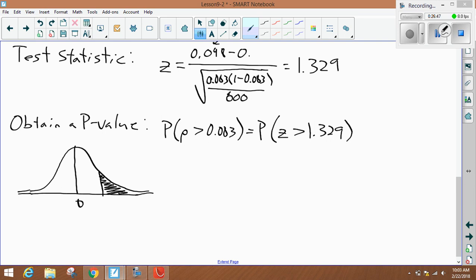So we're calculating this shaded region. It's just really nice to draw a picture of it, just in case a reader doesn't understand.